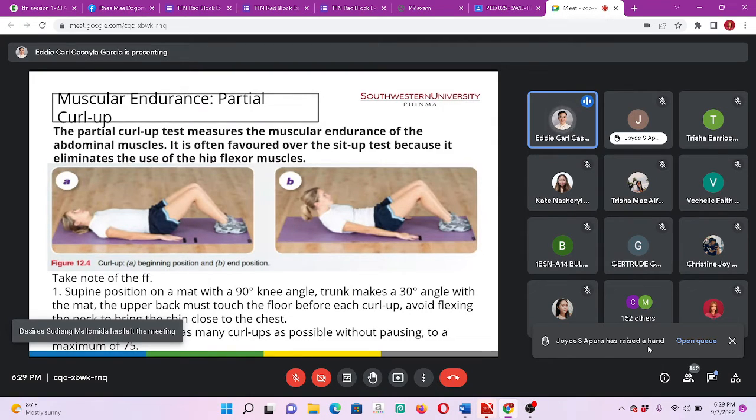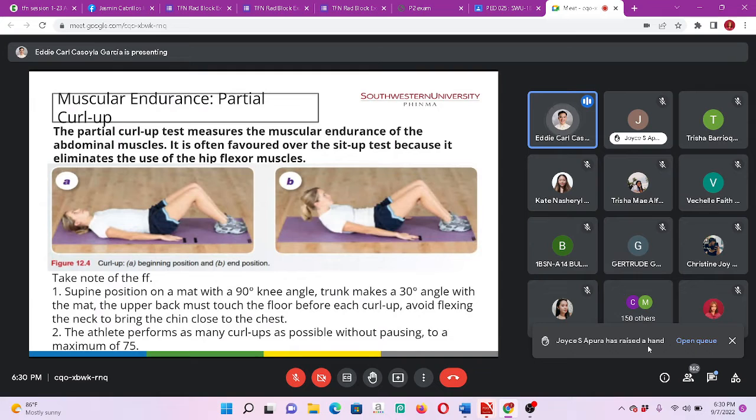Maximum 75 repetitions of partial curl up. But if you cannot go to 75, and in case you stop at 20 repetitions, that's the time you will record the results on the PFA form. There is no trial 2 or trial 3, only trial 1.